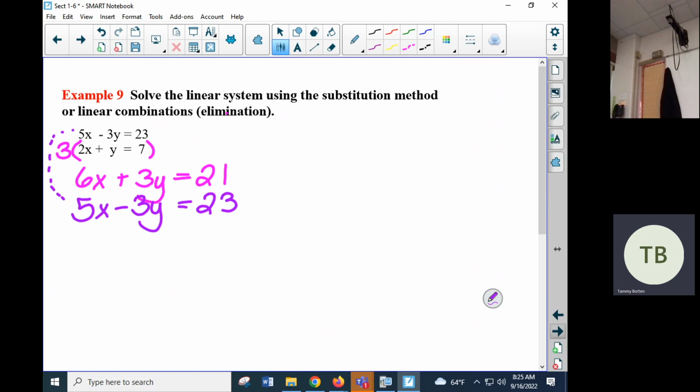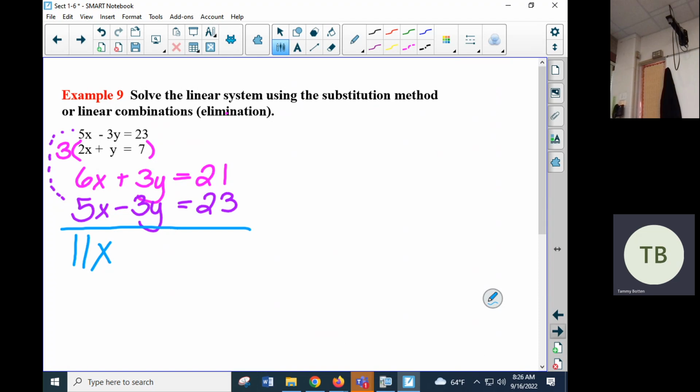Okay. For linear combinations, you want your x's to line up, your y's to line up, and your numbers to line up. Okay. And then what you do, once you get one set of variables like plus 3y and negative 3y, you think of it as you're adding going down. So 6x plus 5x is 11x.